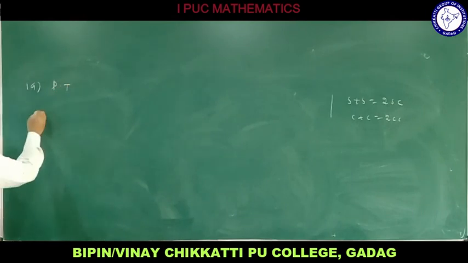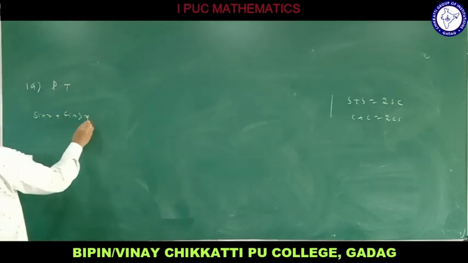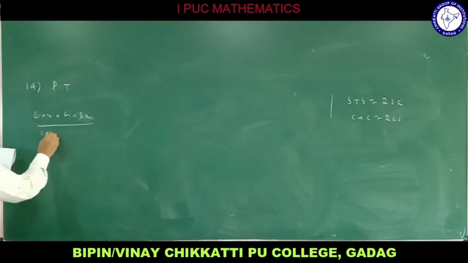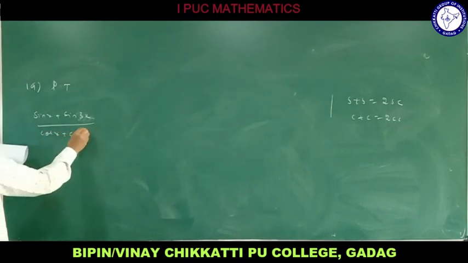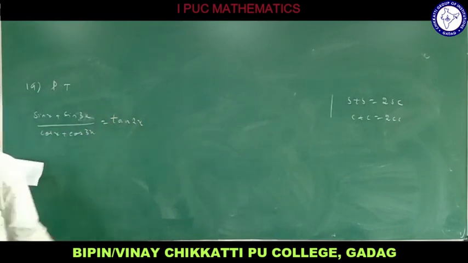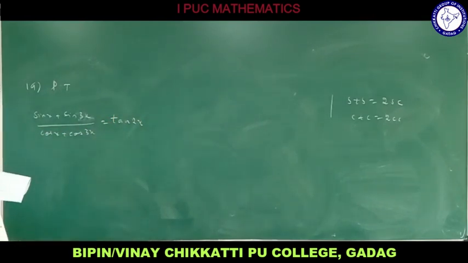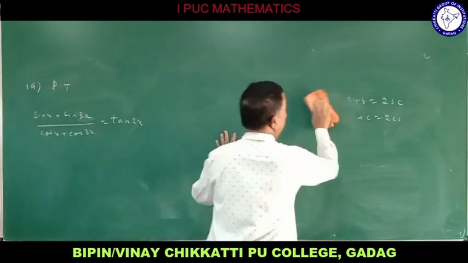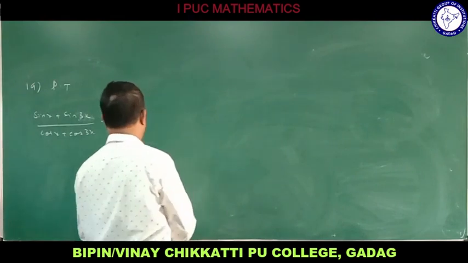Prove that (sin x + sin 3x) divided by (cos x + cos 3x) is equal to tan 2x. Here also you have to apply the transformation formula, and that can be simplified to tan 2x. So apply the transformation formula here, taking the LHS.